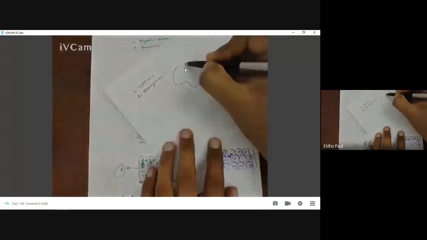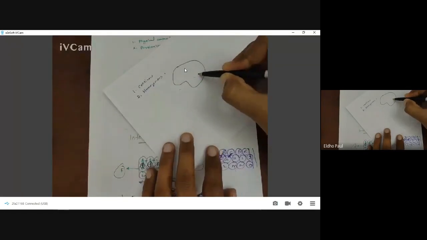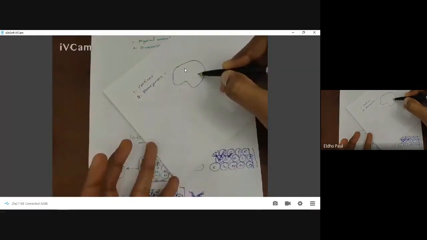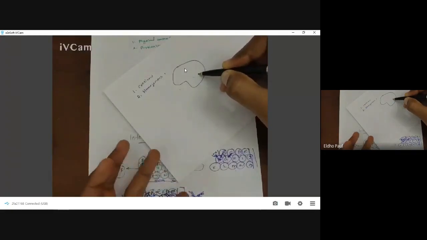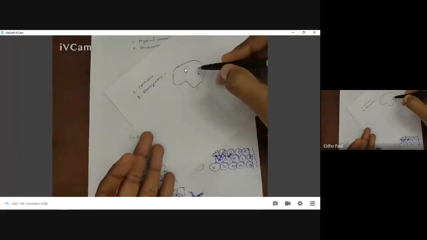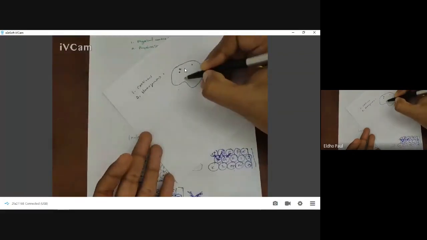If you take this body, and if you take any property at this point, for example the strength, or hardness, or any mechanical property or thermal property at point A, and if you take another point B, everywhere it will be same.